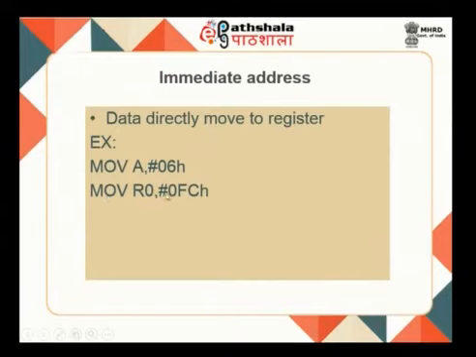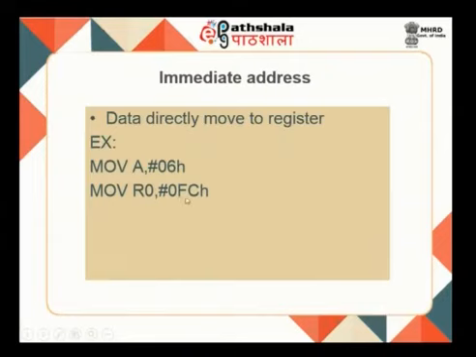So, MOV R0, #0FCH. Now FC is the data, a hexadecimal number. It has been ended with H and preceded with 0. Why? Because it has to be made clear that FC should not be taken as an ASCII character. So, because of that we say it is a number, and ending with H says that it is a hexadecimal number.